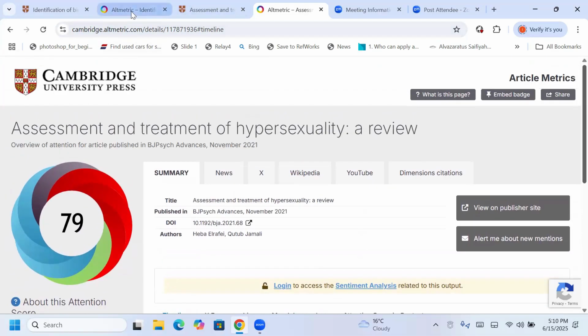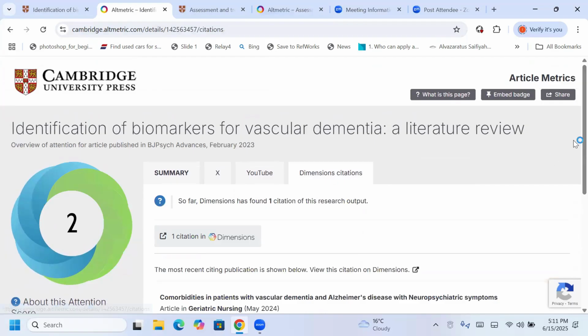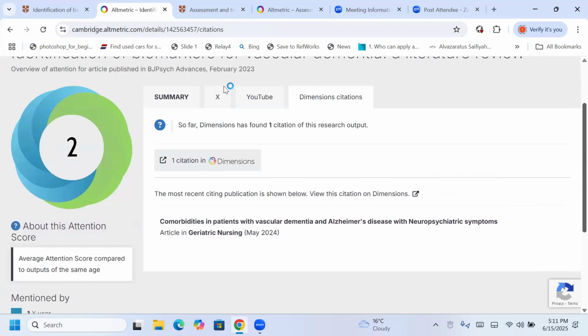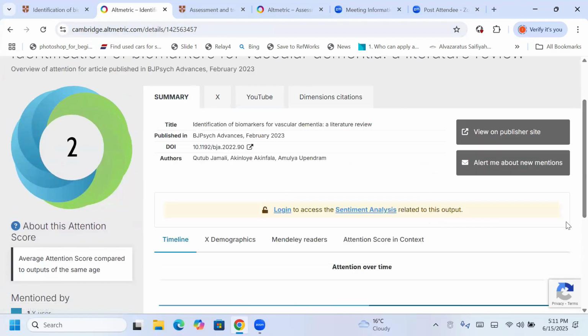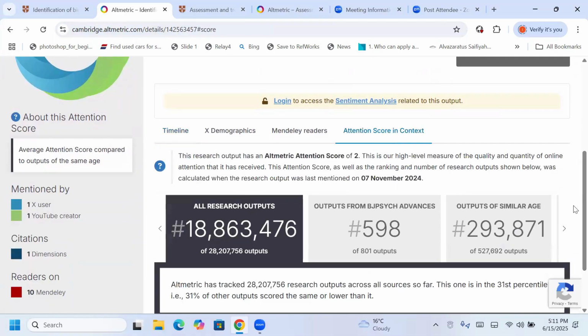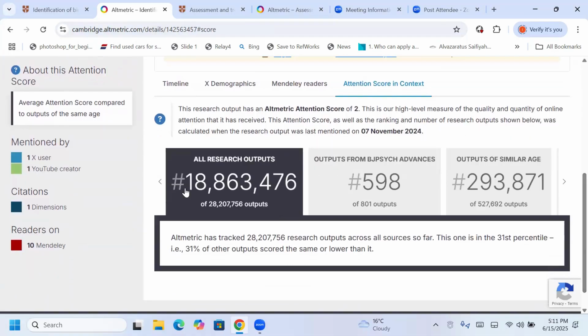Now, if I quickly compare this with my previous article, let's have a look at the summary here, and then let's have a look at the attention score in context. So this is the level where this is out of 801 outputs.